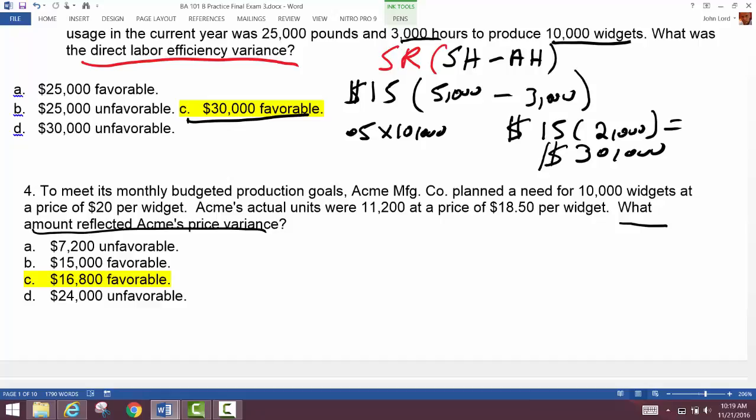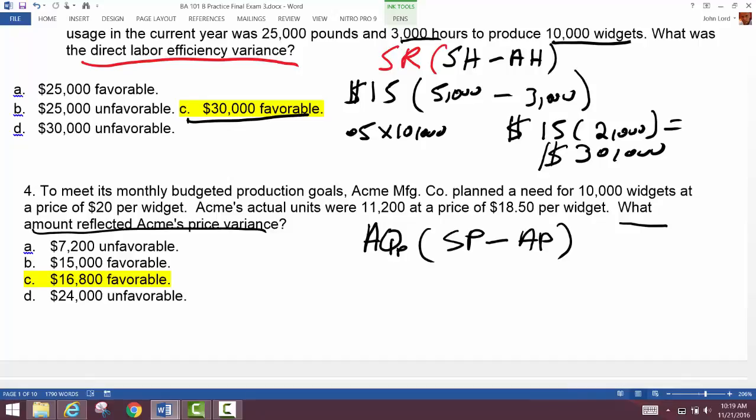So if it's the price variance for our materials, it's going to be the actual quantity purchased, right? I'll put a little P down there for purchase. And it's going to be standard price minus actual price.